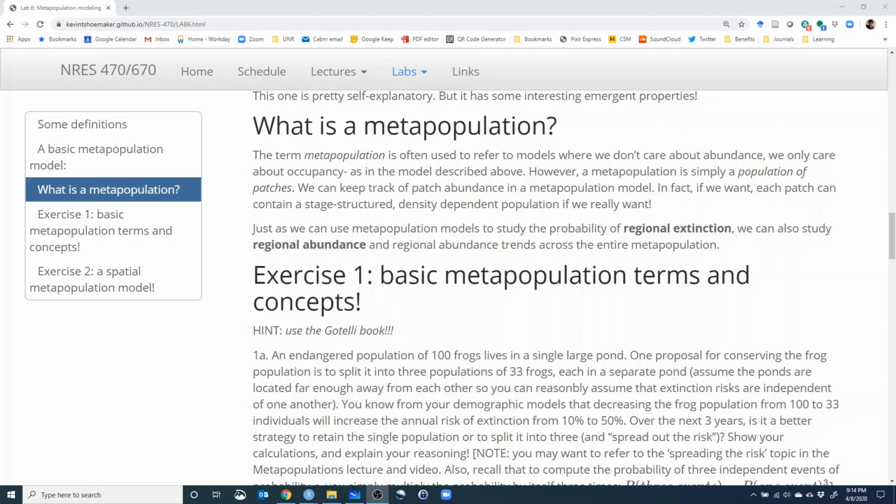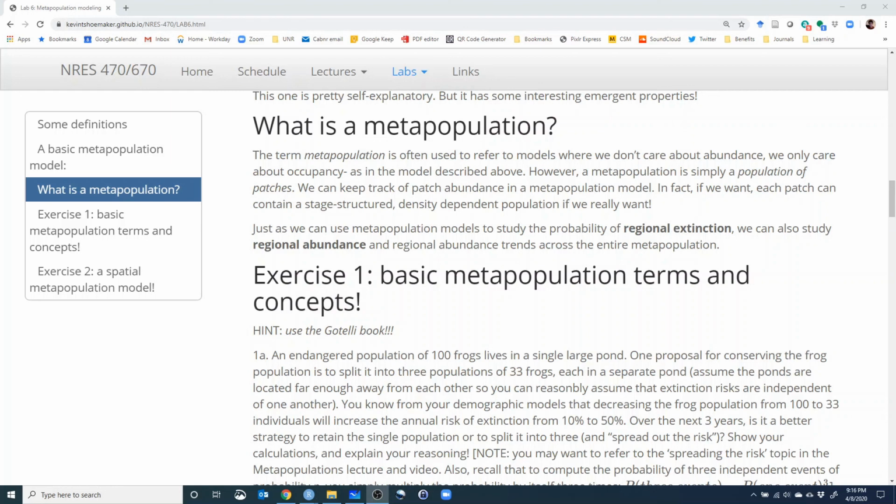And later in this lab, I will give you a chance to play around with an Insight Maker model that does exactly that. Well, it's not stage structured, but each patch contains a fully explicit abundance model with density dependence.